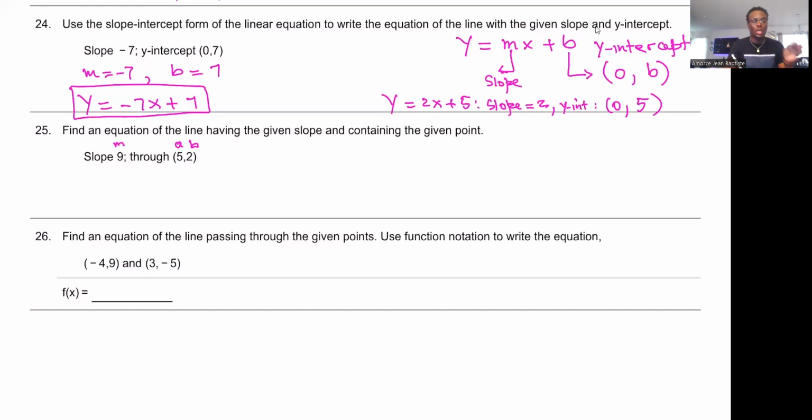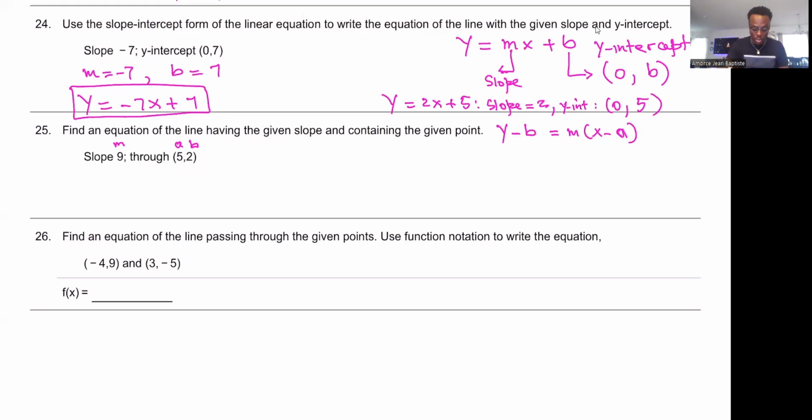You're going to use the point-slope form, which is y minus b equals m times x minus a.